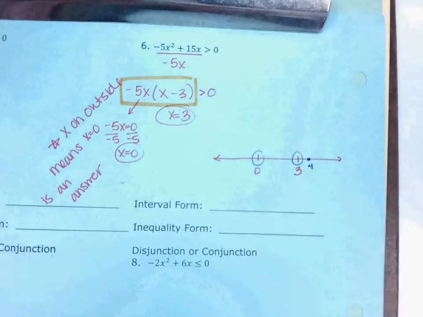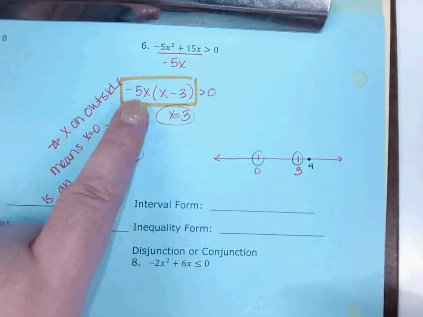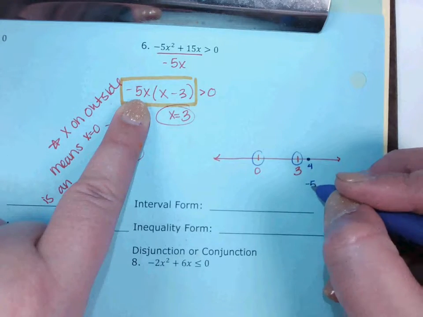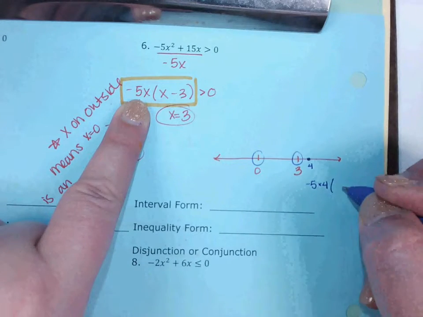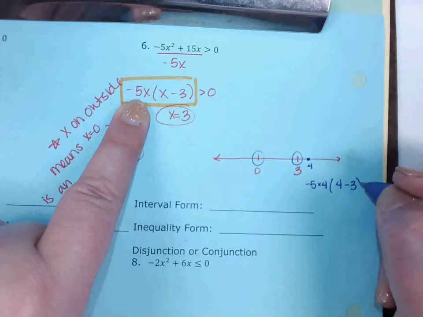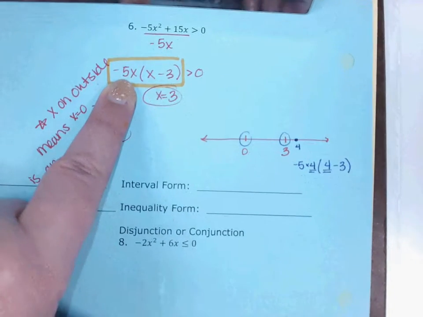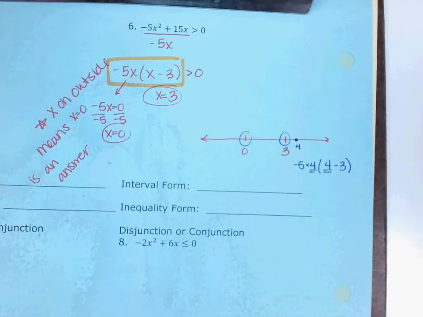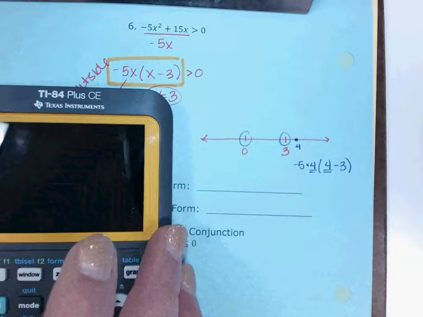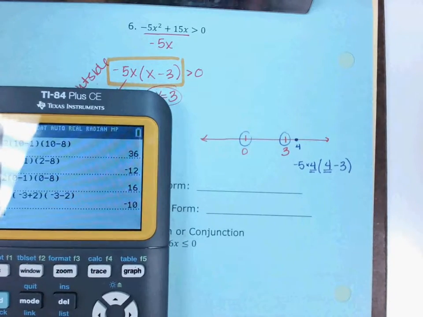So it's going to look like this: negative 5 times 4, 4 minus 3. Notice, this was one of my x's, this is my other x. So keep in mind that if there are 2 x's, you should have that number in both of those spots.